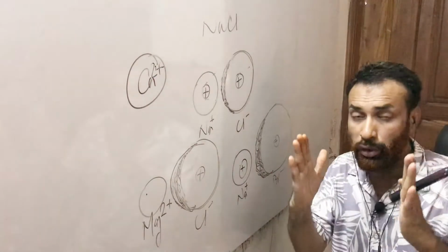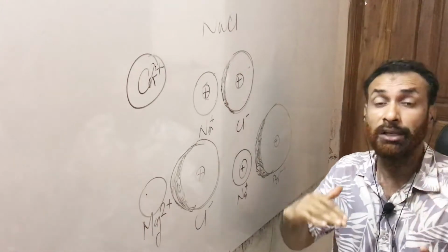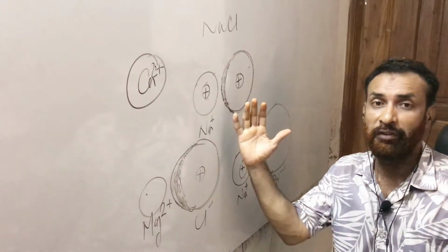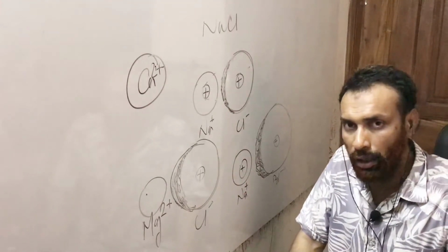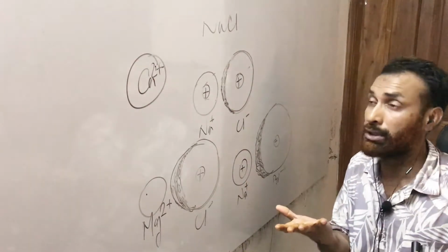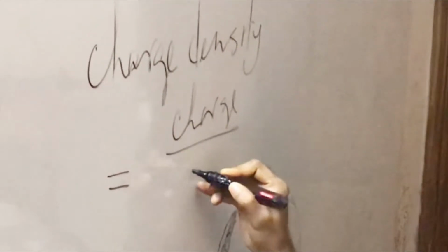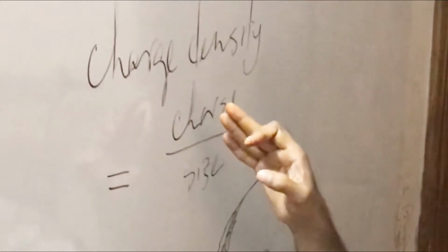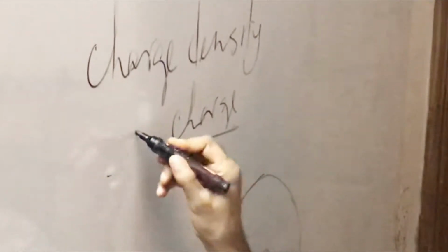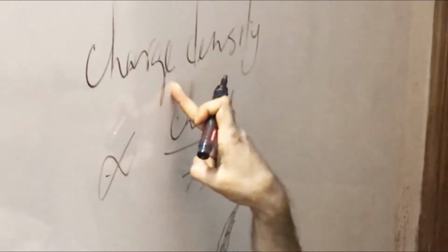And these two conditions together, charge and size, if we apply these two together, we derive a new term, what is called charge density, which means charge divided by size. Charge density of cations depends on charge, and if you think that this is proportional, then greater the charge, greater the charge density.